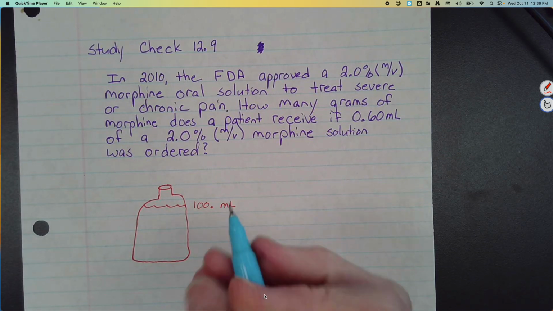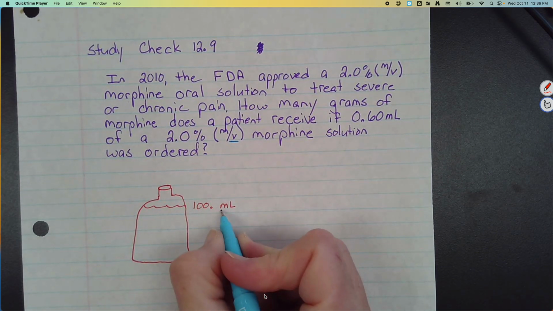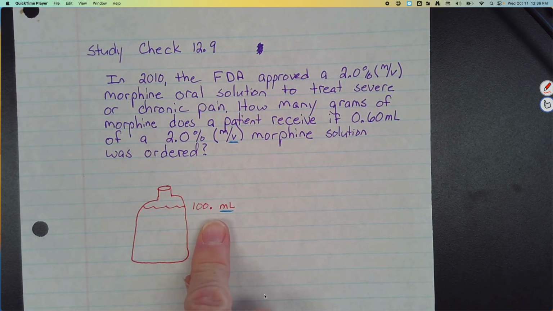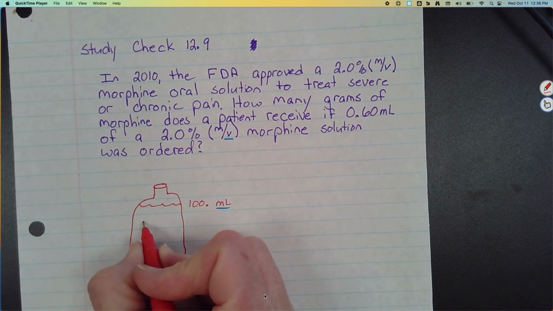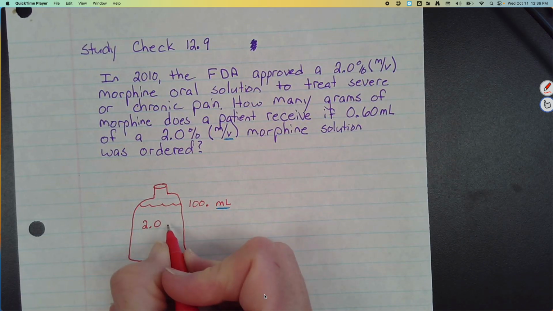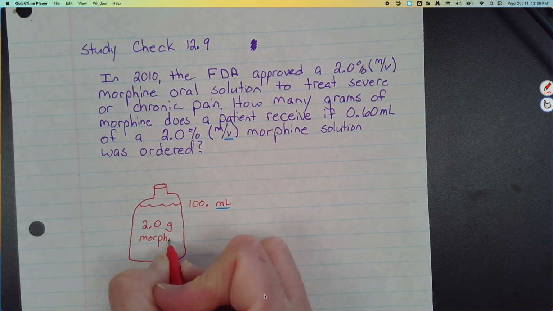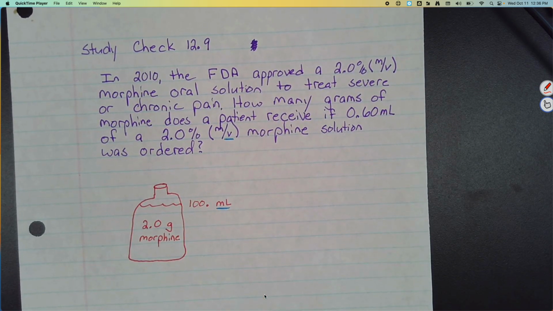It's going to simplify my thought process. I did it in terms of milliliters because it was a mass volume situation. In my bottle of morphine, because I bought the 100 milliliter bottle, I know that I have 2.0 grams of morphine dissolved in here.